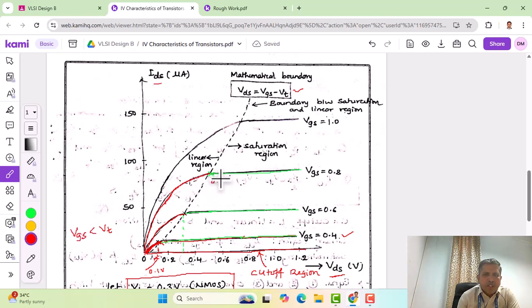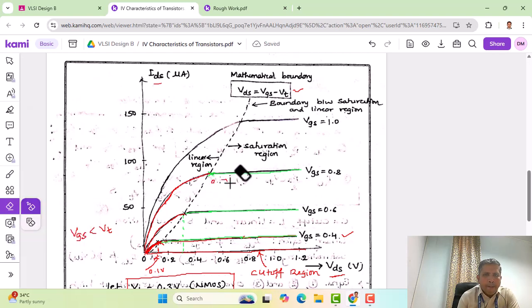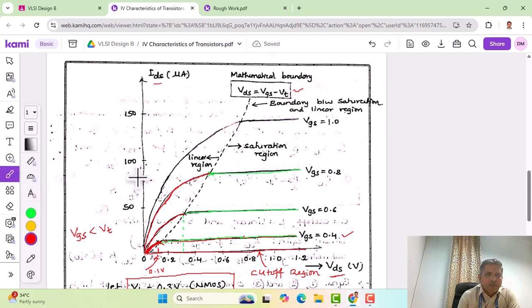So 0.5 volts, and here we have 0.3 volts, and here we have 0.1 volt. So these are the voltages at which the linear region ends and the saturation region commences.